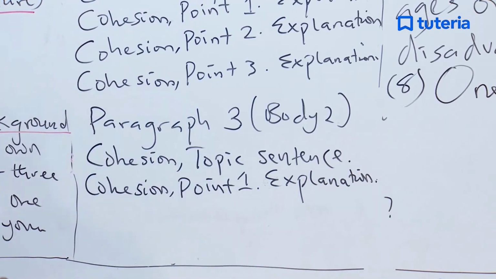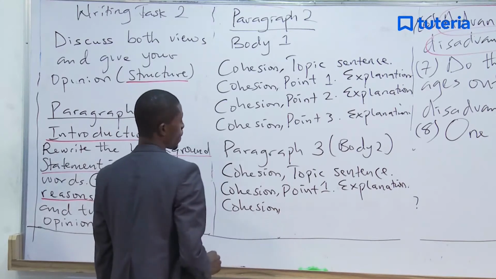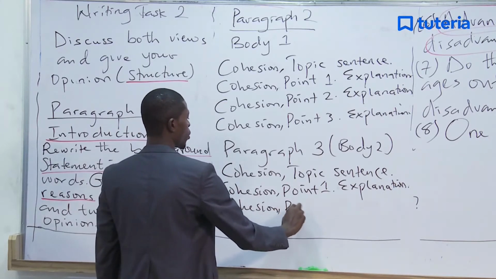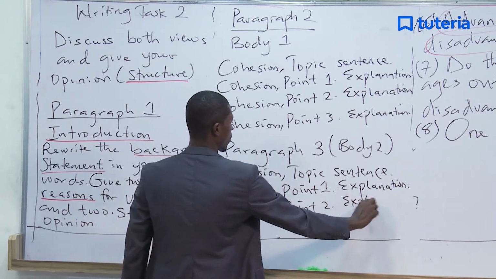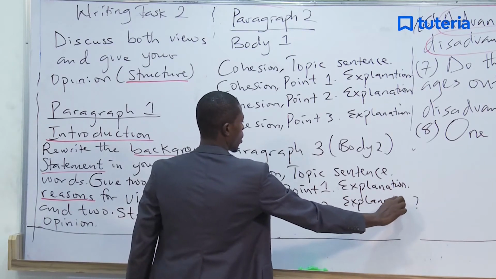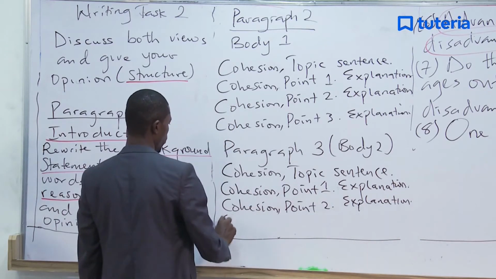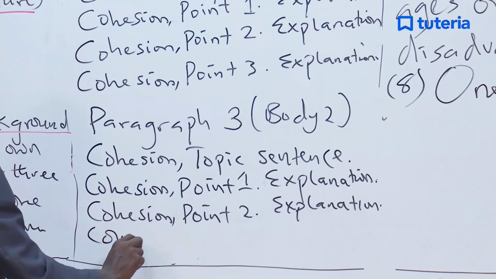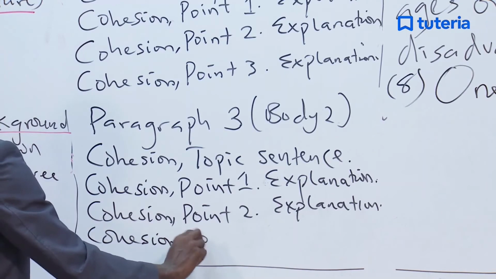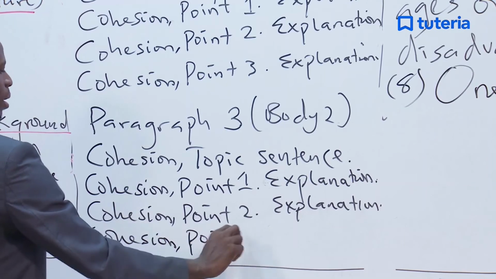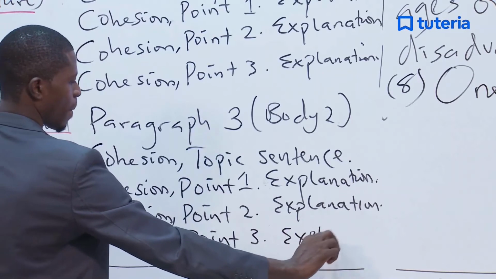Then we have cohesion again, comma. We have point 2, full stop. Then we have explanation. Then we have cohesion again. We have point 3. Then we have explanation.